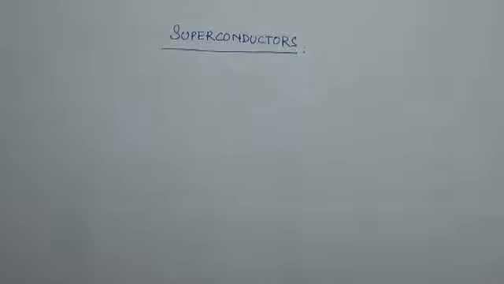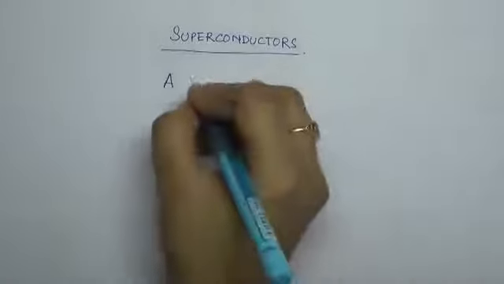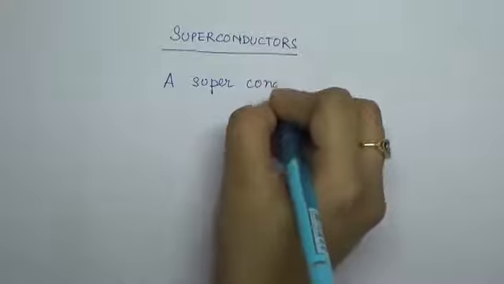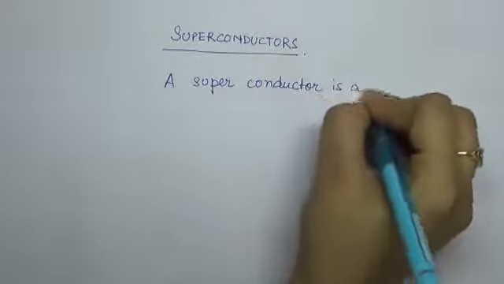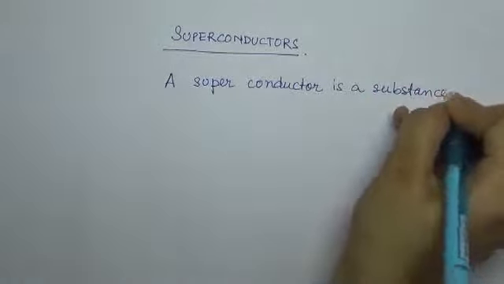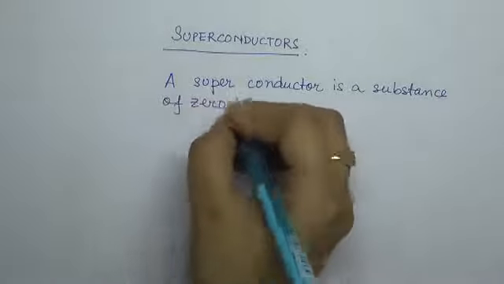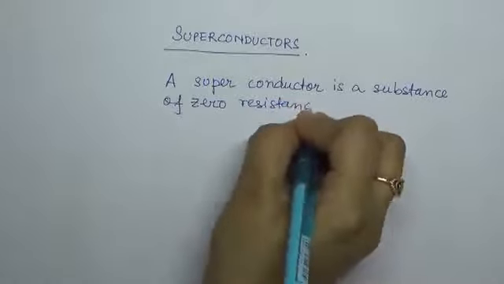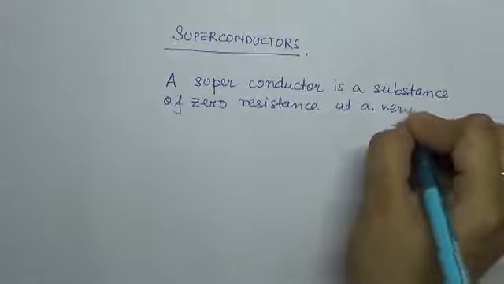What is a superconductor? A superconductor is a substance of zero resistance at a very low temperature.